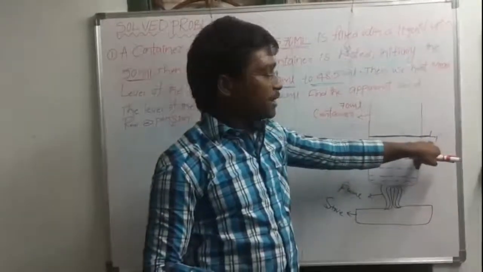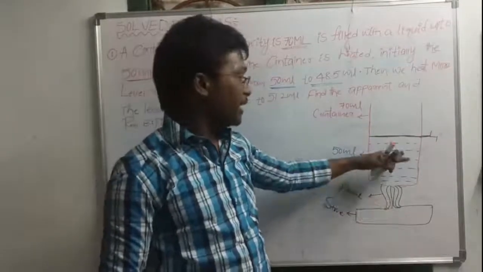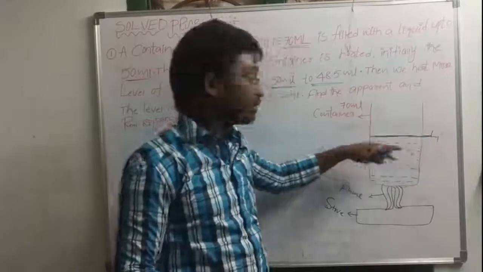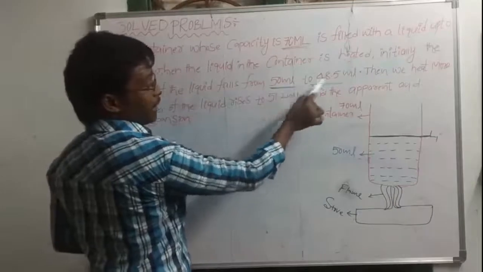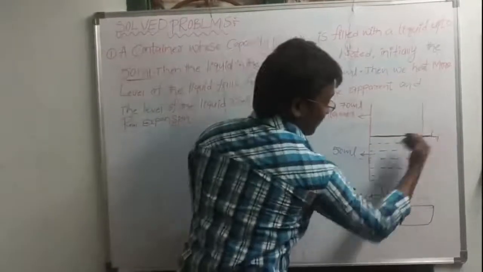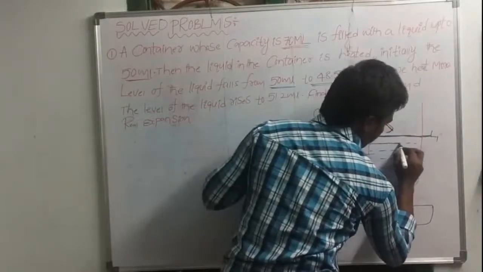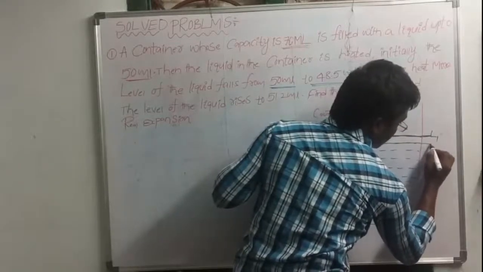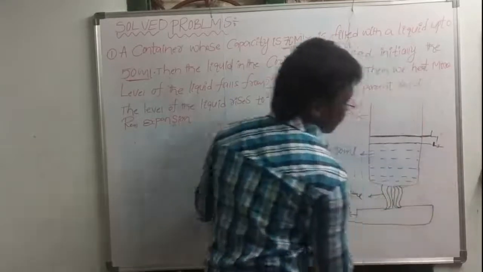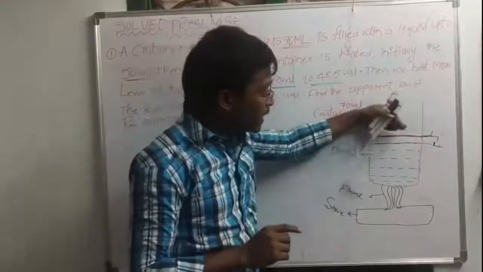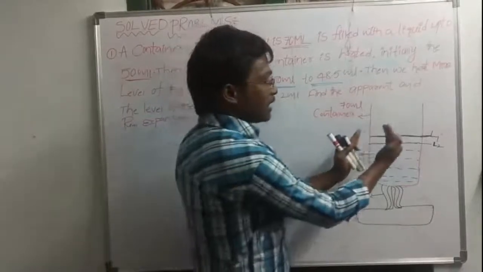The initial level of the liquid is L1, that is 50 ml. Whenever you give heat energy to the container, the liquid level will decrease. Initially, the level of the liquid falls from 50 ml to 48.5 ml. So the water level is decreased from here to here. So this one is L2. I hope you know for what reason the liquid level is decreased: because the container is expanded.